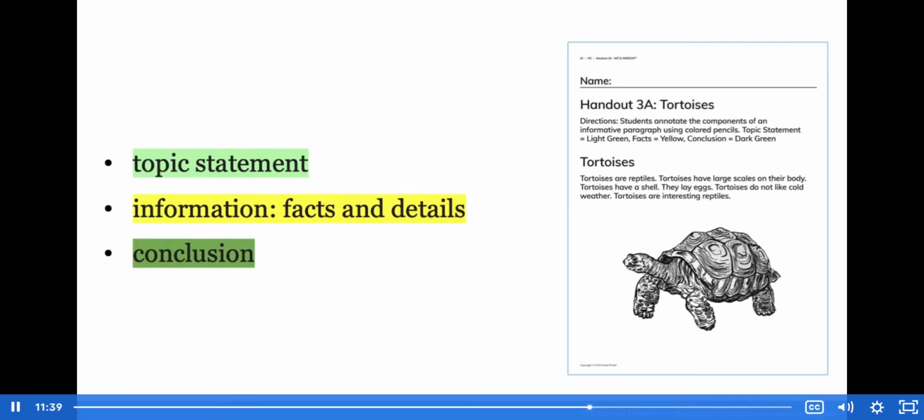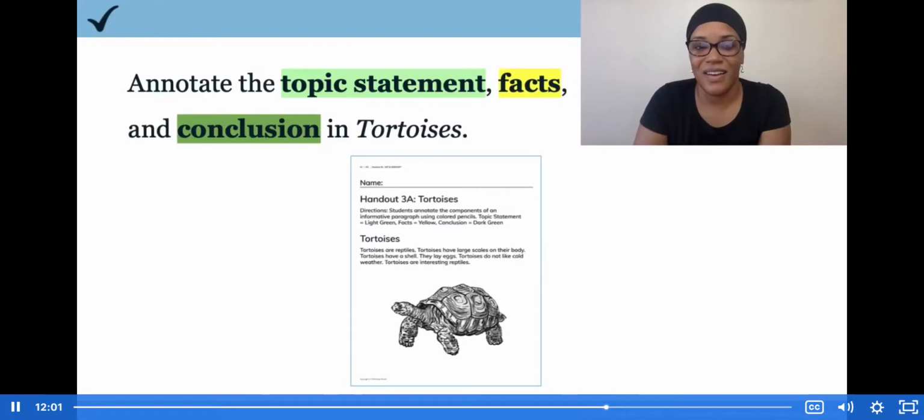What I'd like you to do now is get handout 3A. It looks like what you see on the screen. All right, let's read the directions.